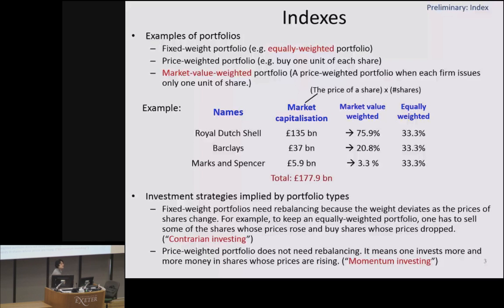It is as if you are believing that the share price of the companies whose returns were recently high are likely to have low returns in the future, and companies whose returns were recently low are likely to have high returns in the future. Does that make sense? That's contrarian investing.